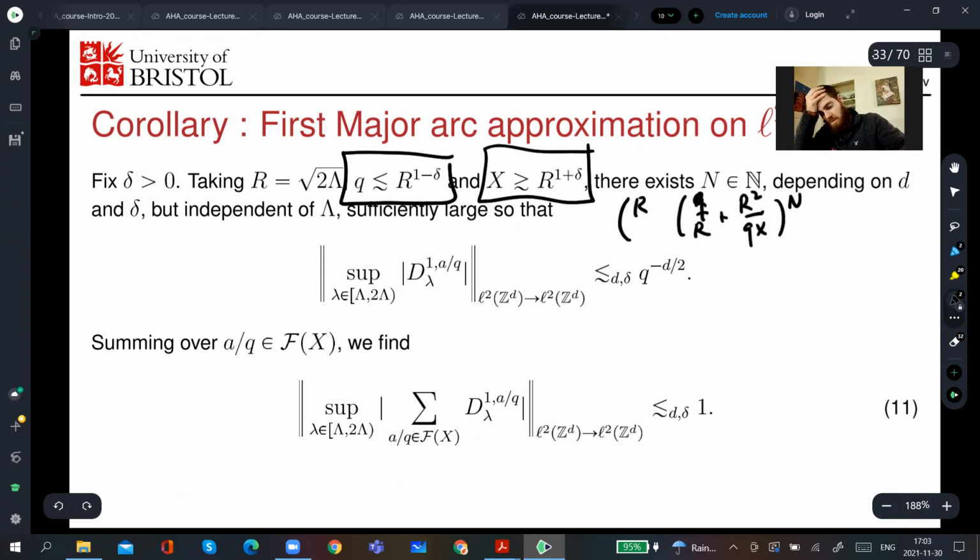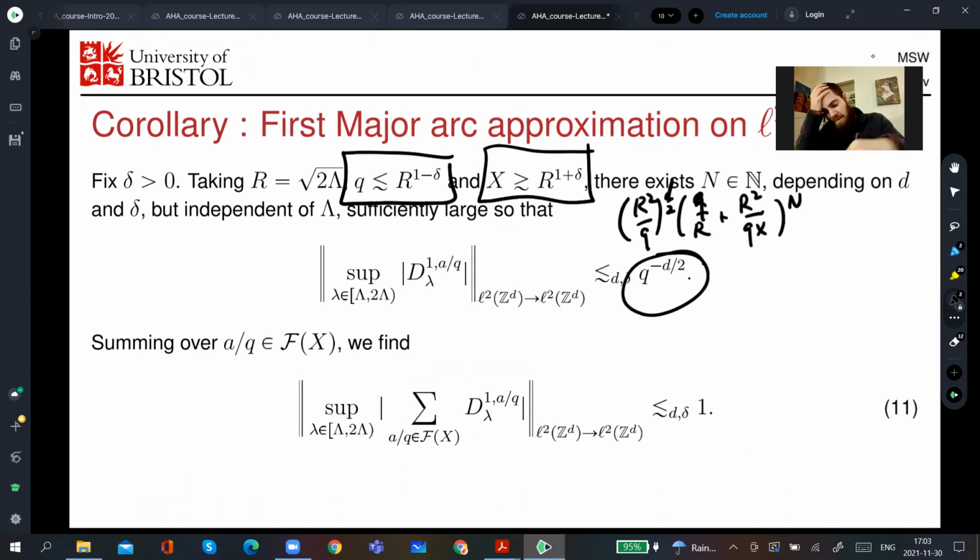And then we have this is r squared over q to the d over 2. And how are we going to get this sort of bound? Well, the point is we'll pick things so that each of these summands here is a power of r, like r to the minus delta. So it's something that decays as r goes to infinity. And we choose n sufficiently large so that it's going to offset this factor of r to the d appearing right here.